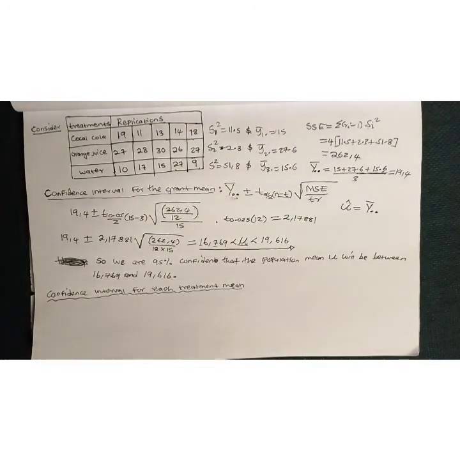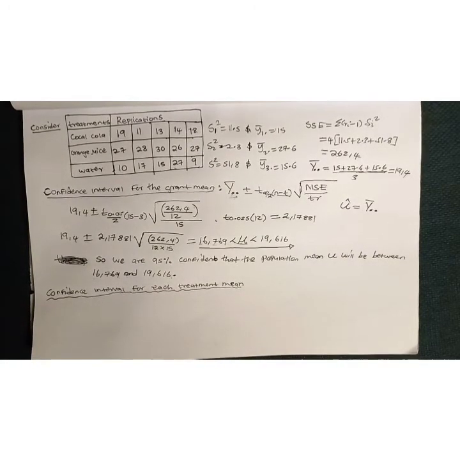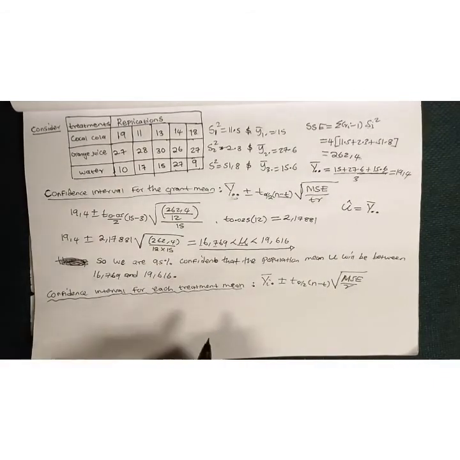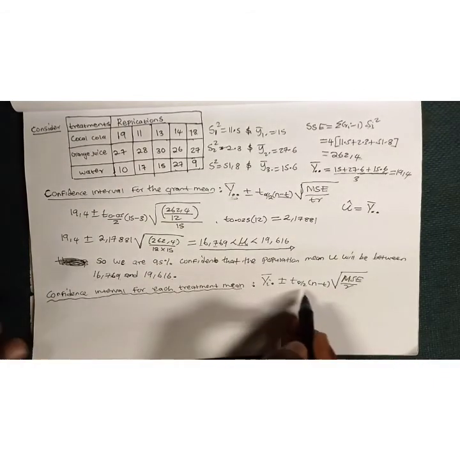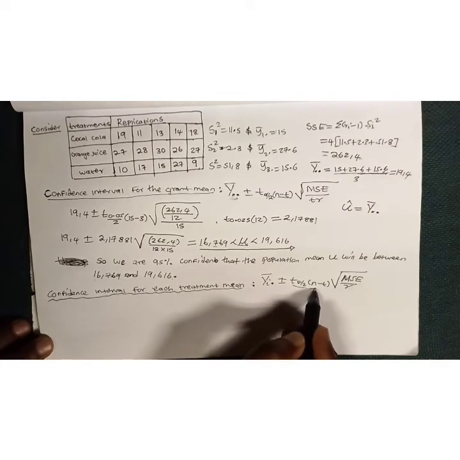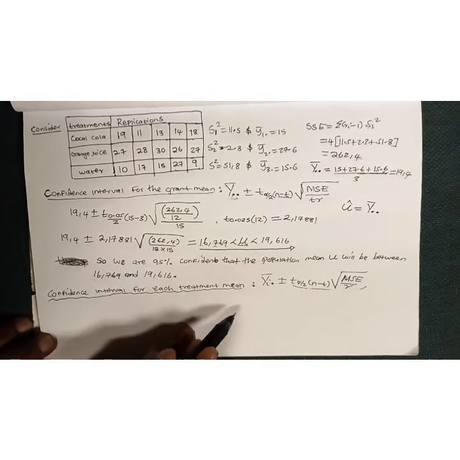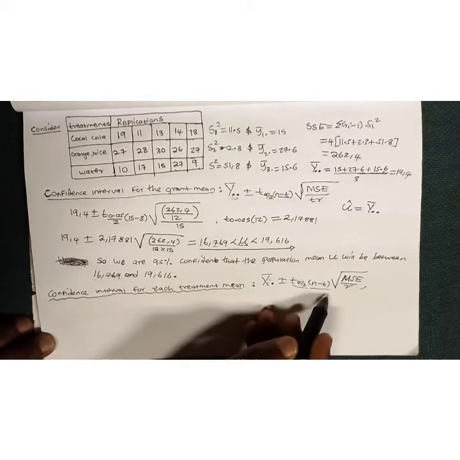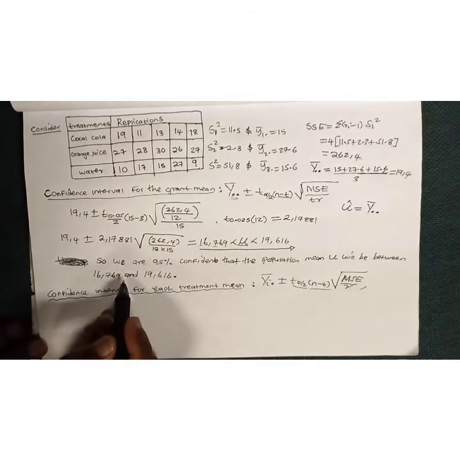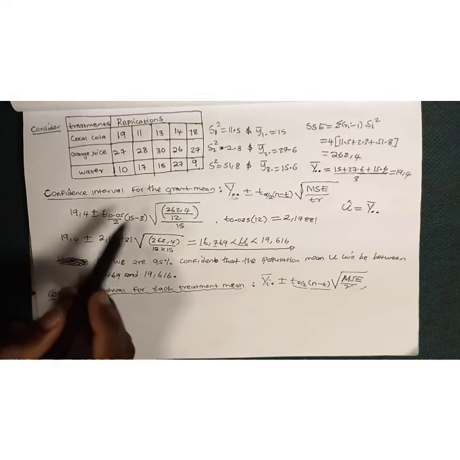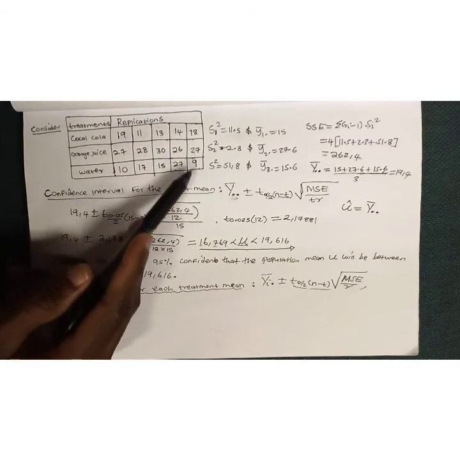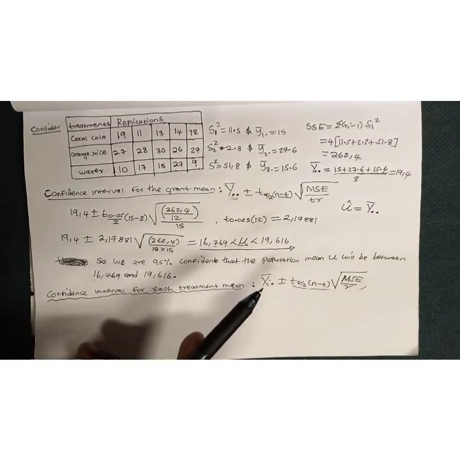Now the confidence interval for each treatment mean. Since it's for each treatment mean, this will be our standard error for each treatment mean. We're still using LSD, so our t value will still be the same. We'll just have to find the confidence interval for treatment mean 1, mean 2, and mean 3.